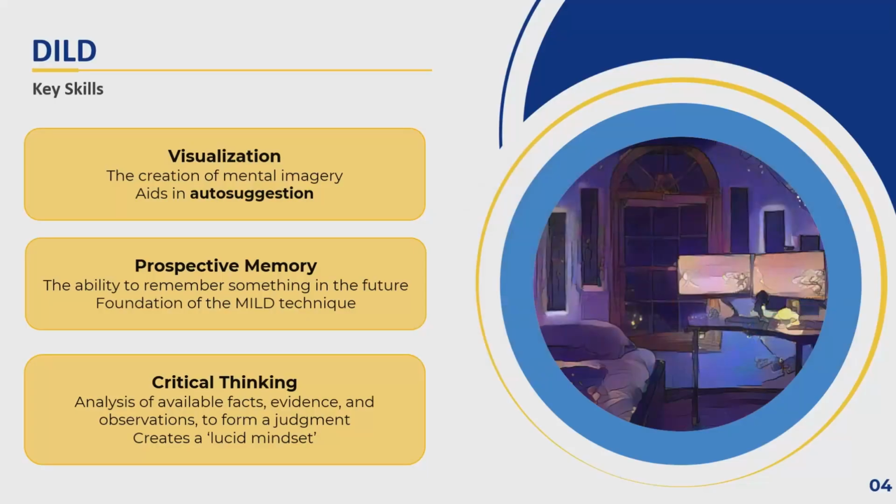Prospective memory is the ability to remember something in the future, such as, the next time I am dreaming, I will remember that I am dreaming. This is the basis of the MILD technique, one of lucid dreaming's most successful and scientifically studied techniques. We will go over exercises that you can perform during the day to improve these skills in the final chapter of this course.